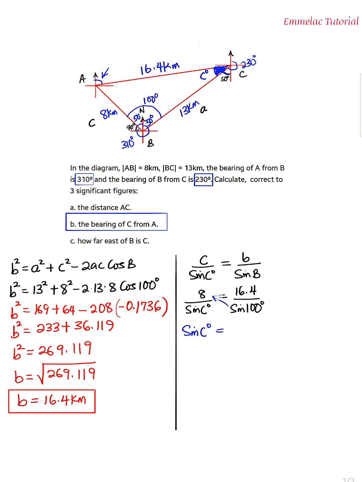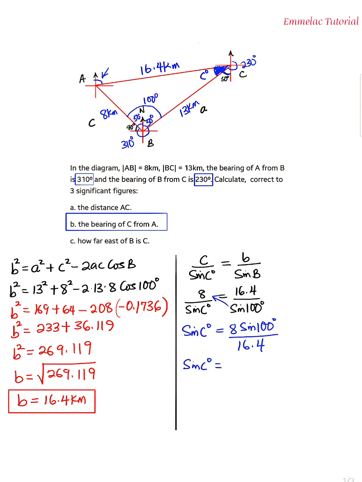When we cross multiply, you have 8, then sine 100, and 16.4 will definitely come here, since sine C moves to the numerator, all over 16.4.